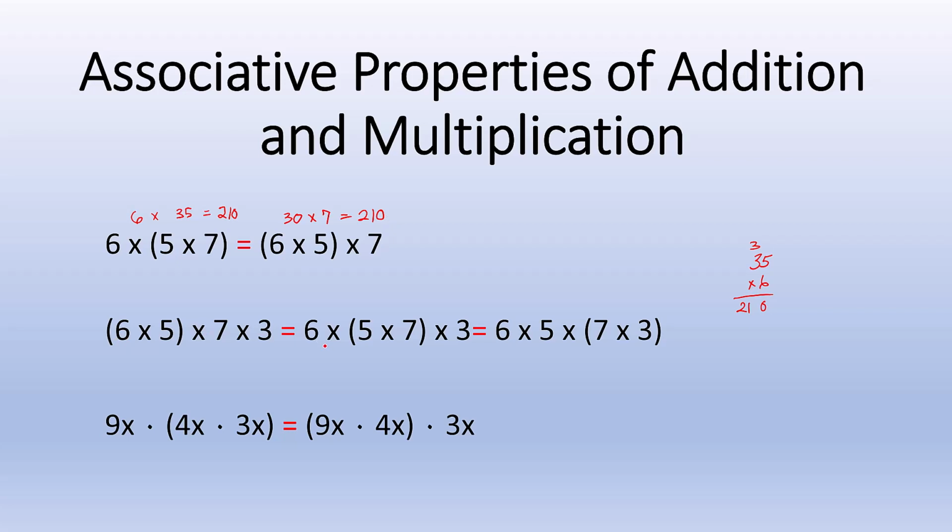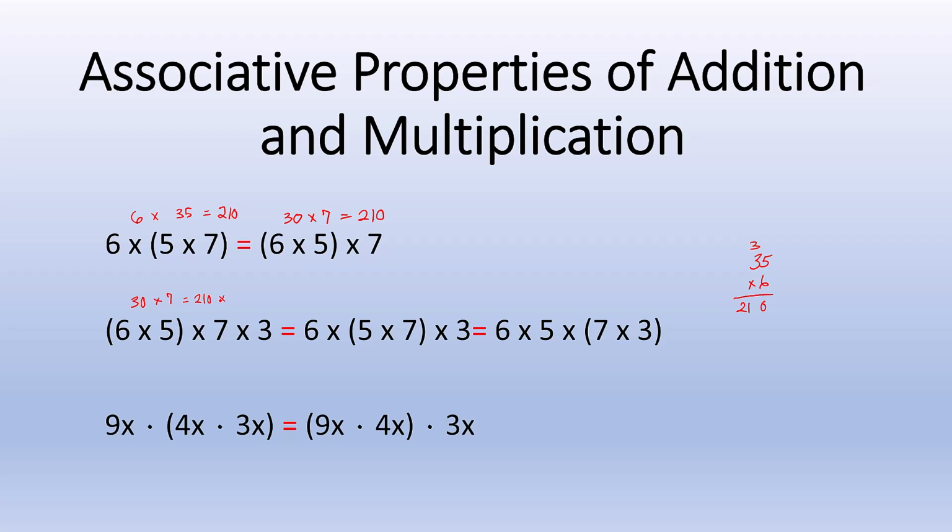Here we have 4 numbers, and I've grouped them differently in each case. The first one, I'm going to have 30 first, and 30 times 7. I already know that 30 times 7 is going to give me 210.